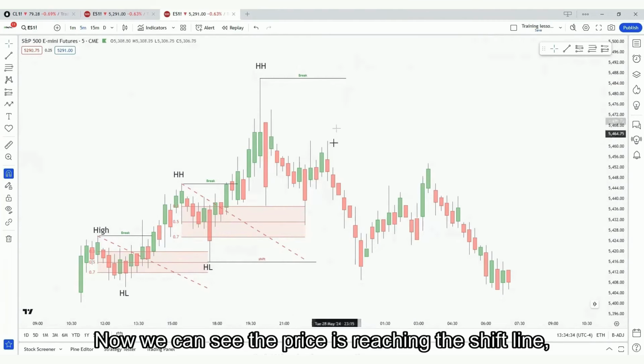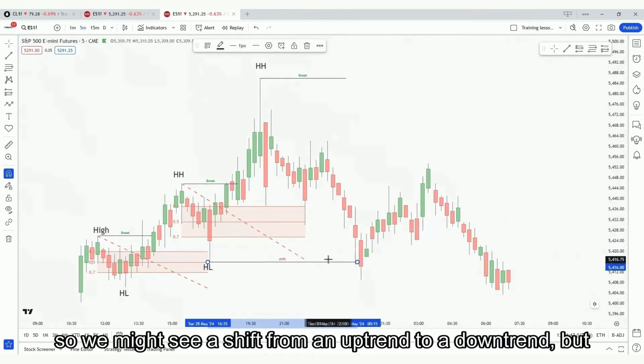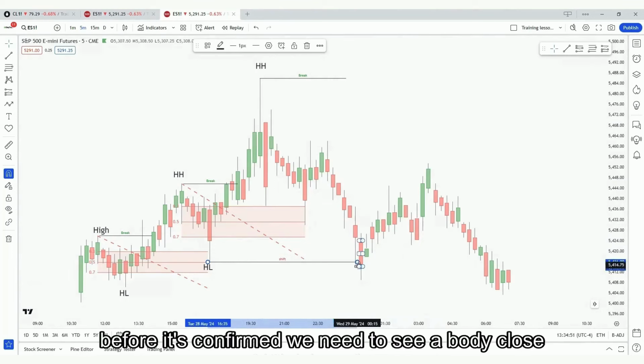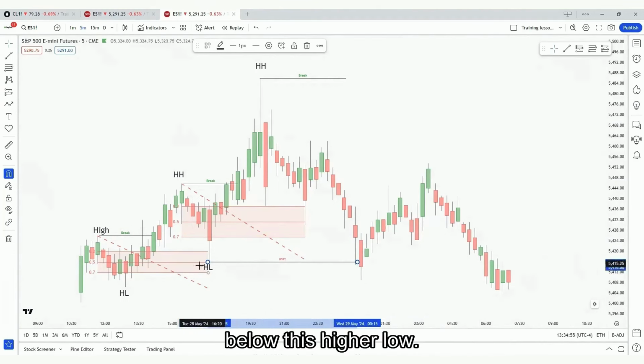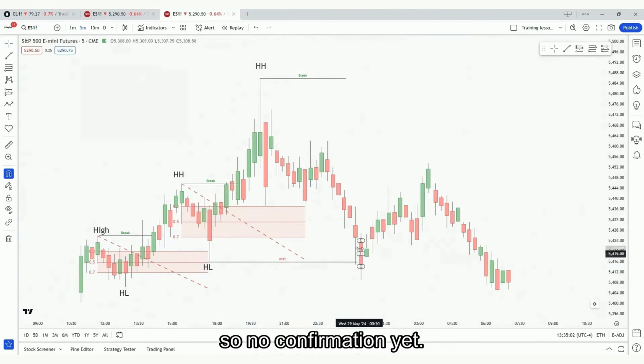Now we can see the price is reaching the shift line. So we might see a shift from an uptrend to a downtrend. But before it's confirmed, we need to see a body close below this higher low. So this first candle is wicking below it. So no confirmation yet.